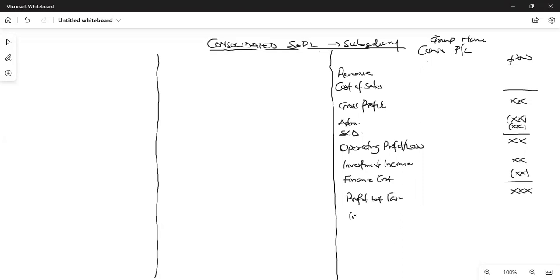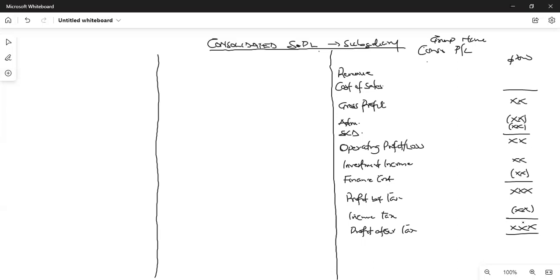After lessing taxation, you now get profit after tax. So normally this is where you end, right? This is the same thing we are going to look at.